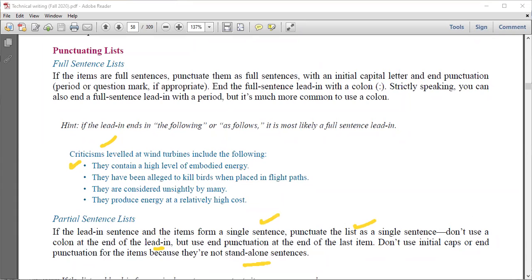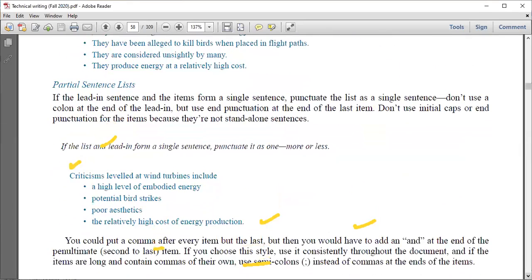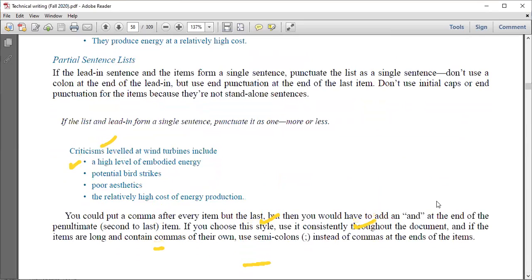Now, this is something really important, and you have to understand it, because sometimes people just use punctuation depending on their feelings.